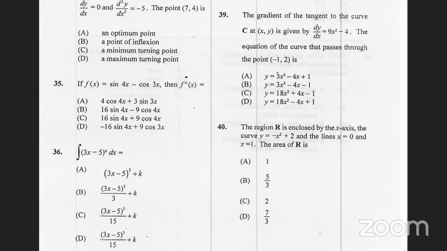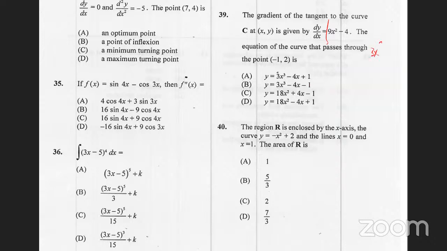Next one, 39. The gradient of a tangent to a curve C at x is given by that. The equation of the curve. So you have to integrate, right? When you integrate, add 1, that's 3 on 3.